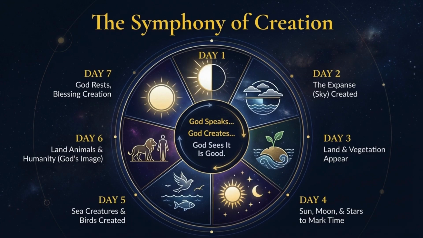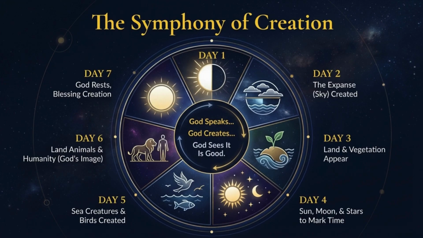Day 4, sun, moon, and stars to mark time. Day 5, sea creatures and birds created. Day 6, land animals and humanity, God's image. Day 7, God rests, blessing creation.